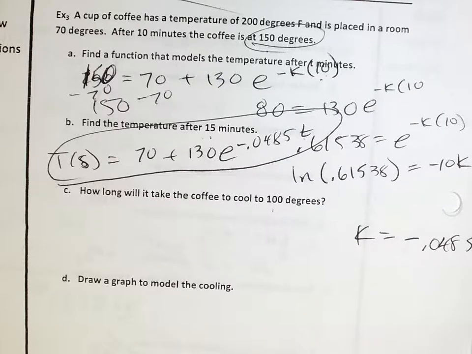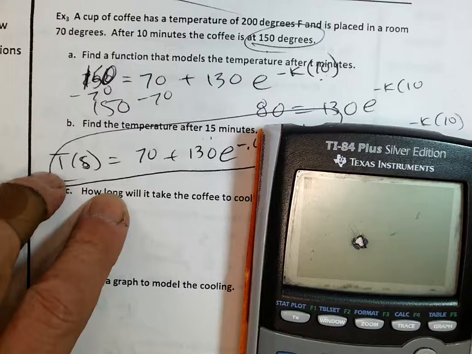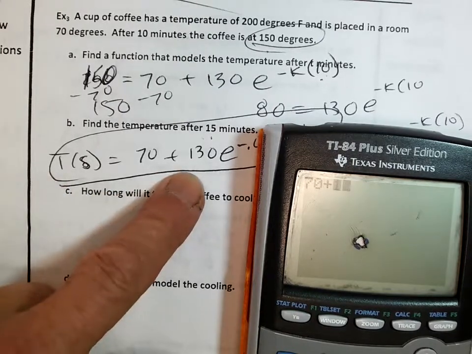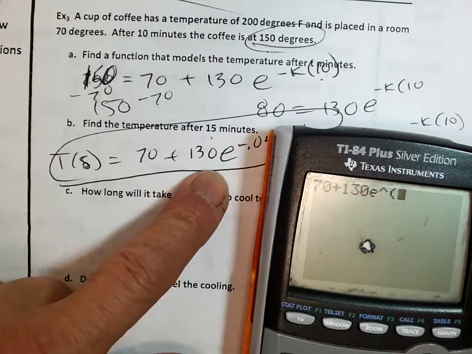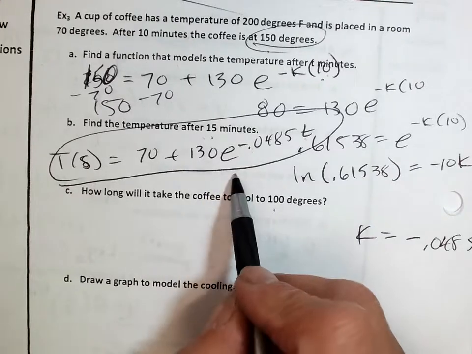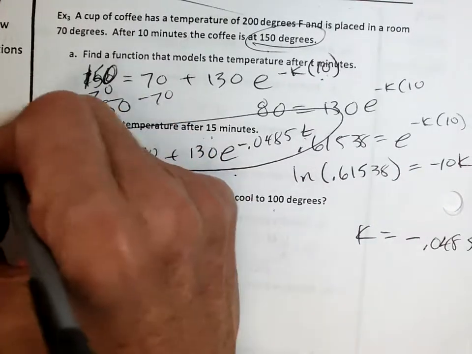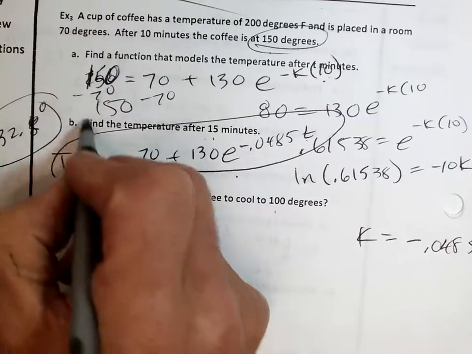I'm going to go 70 plus 130, and I'm going to go e to the negative 0.0485 times 15, and I'm going to get 132.8 degrees is the answer to that one.